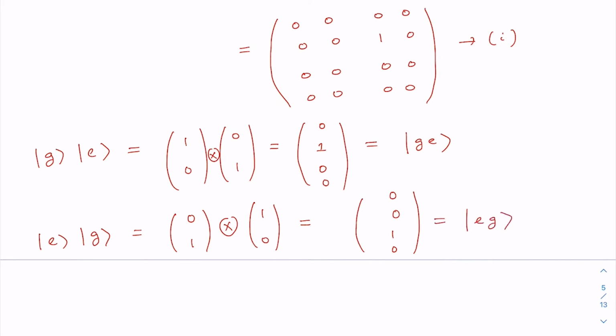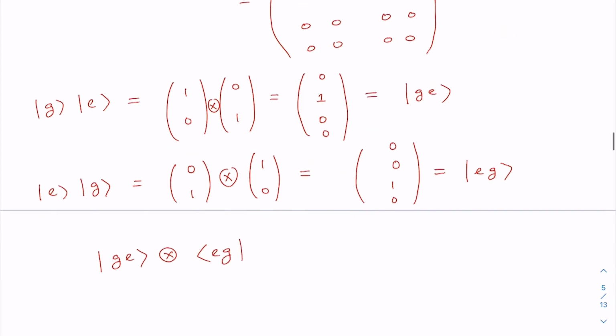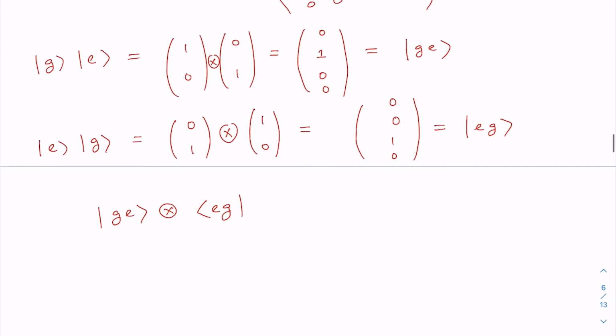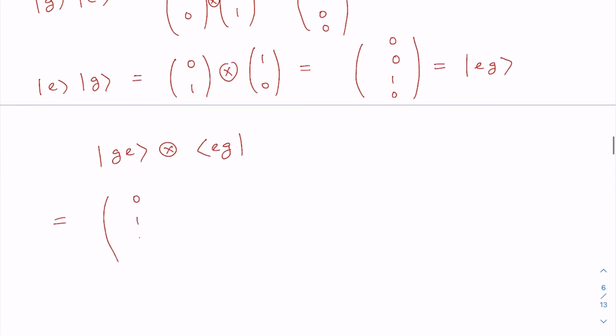Now the tensor product of ket 01 and bra 10, that would be ket 01 we have worked out, and that is 0 1 0 0, and this would be the row vector.